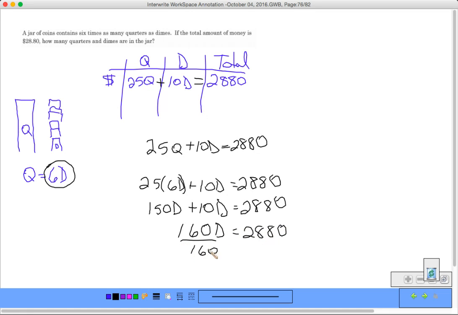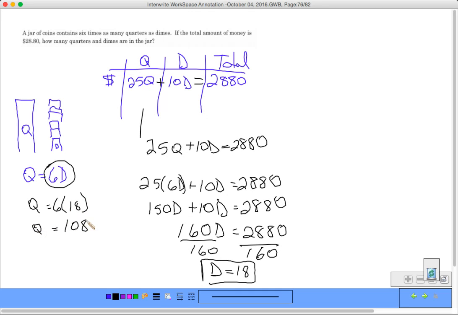Divide, and I get D equals 18. And there's part of my answer. It says quarters though. We know our quarters are equal to 6 times our dimes. So I have 108 quarters. And that's it.